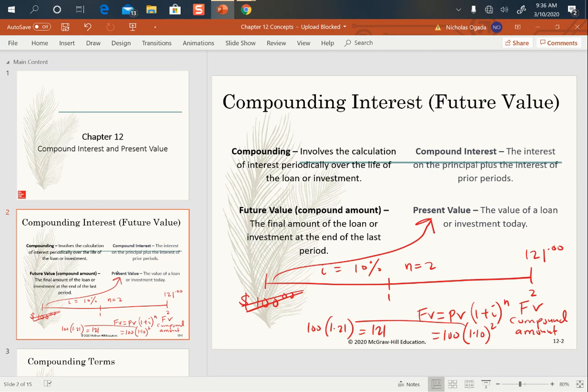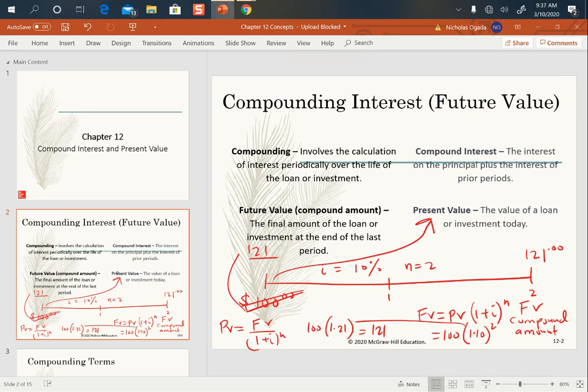Then again, you basically use the same formula and reverse it. So your present value will be, of course, your future value divided by 1 plus i raised to n. If my future value is 121 and my rate is 1 plus i, we know that i is 10%.